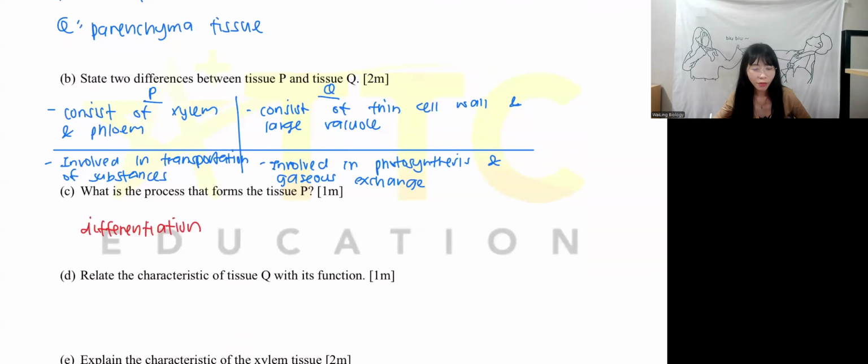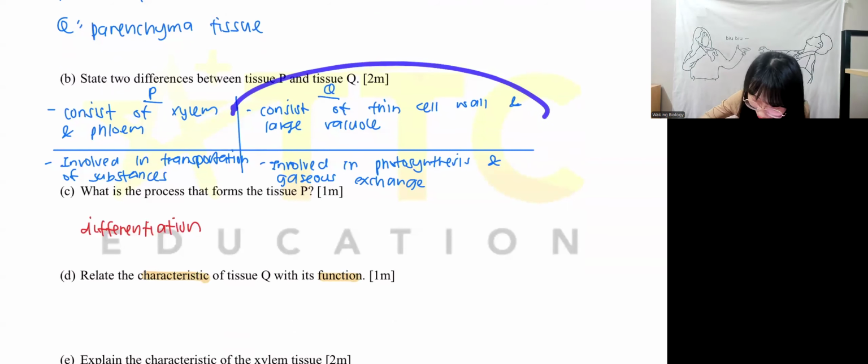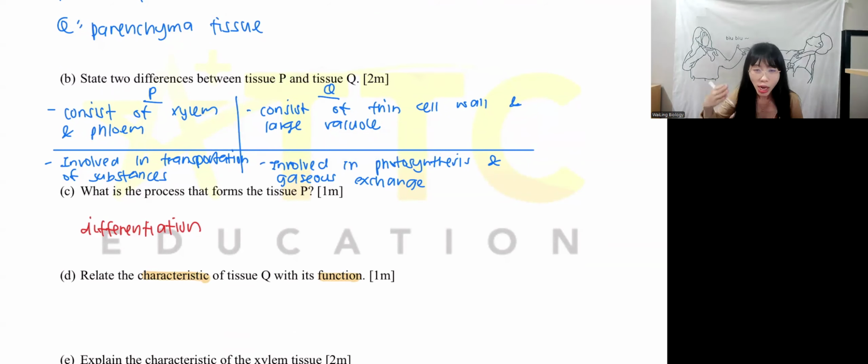Relate the characteristic of Q with its function. It means you have to write the characteristic with the function. Q consists of thin cell wall and large vacuole. What is the purpose of thin cell wall and large vacuole? To store what? Correct, photosynthetic product. Any photosynthetic product that you want to write, you can say store photosynthetic product.